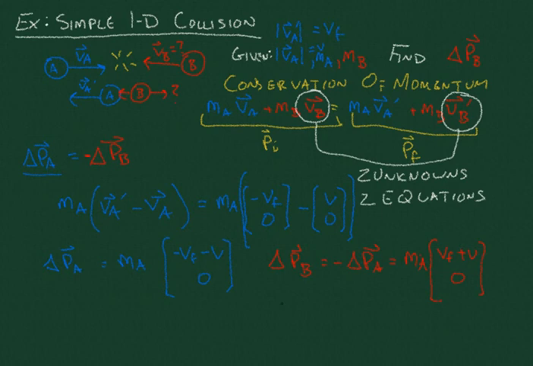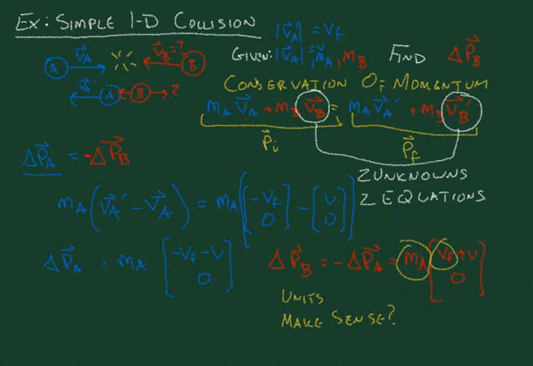Okay, so we have our answer now, so let's see if it makes sense. So the first thing we check are the units. Well, momentum should have units of mass times velocity, and sure enough we see this has mass times velocity, so we're good. And then the second thing we want to check is, does it make sense? Well, what we see is that we had A coming in initially and bouncing back to the left.